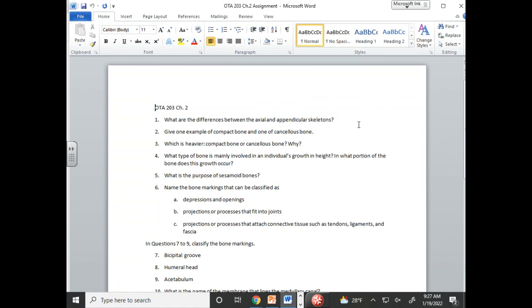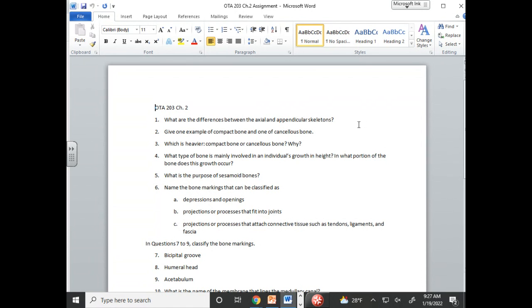All right, give me one example of a compact bone. And where would you find it? Diaphysis. Of what? Of a long bone, right. Yeah, the short bone, irregular bone, they don't contain a diaphysis.